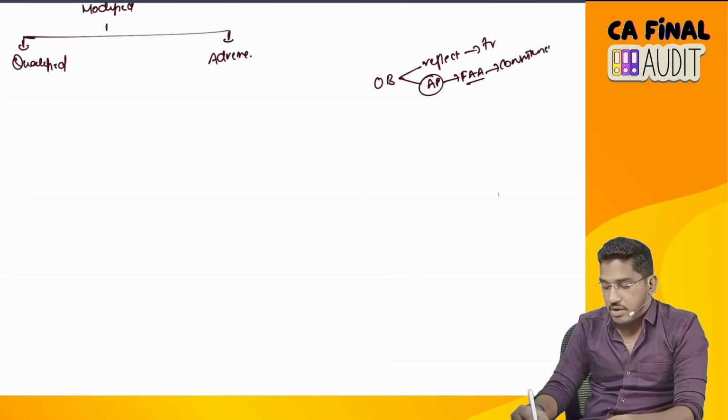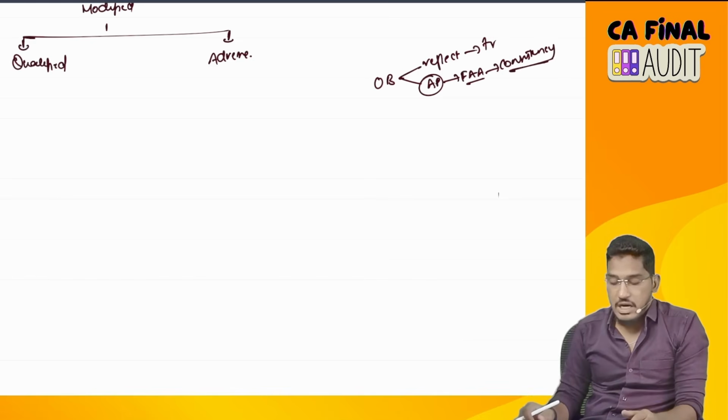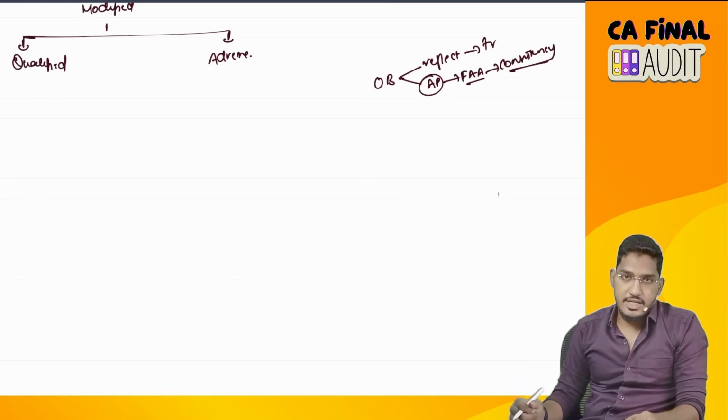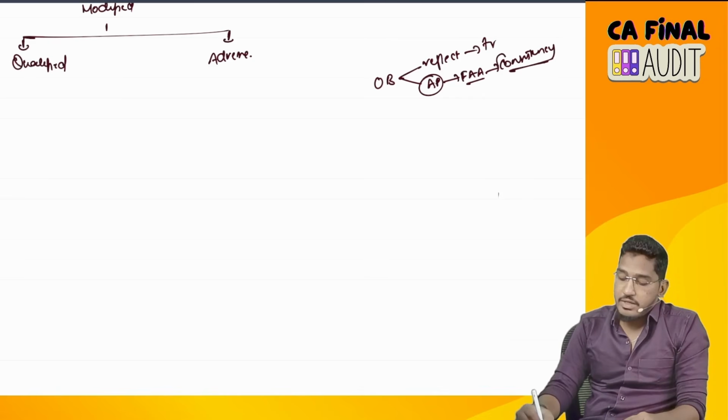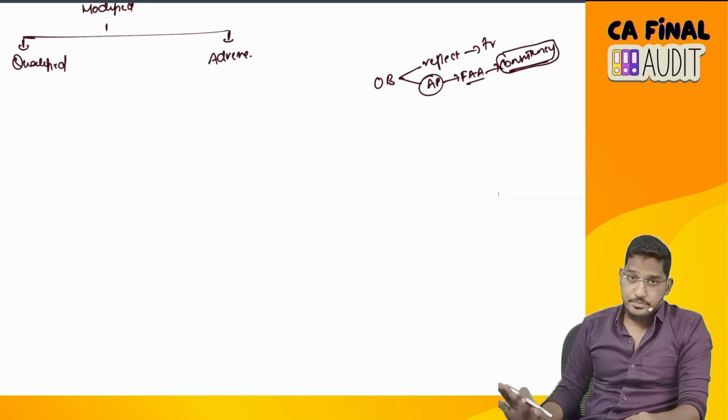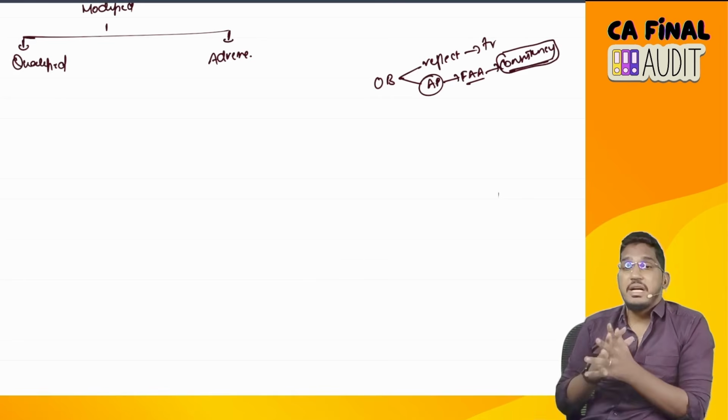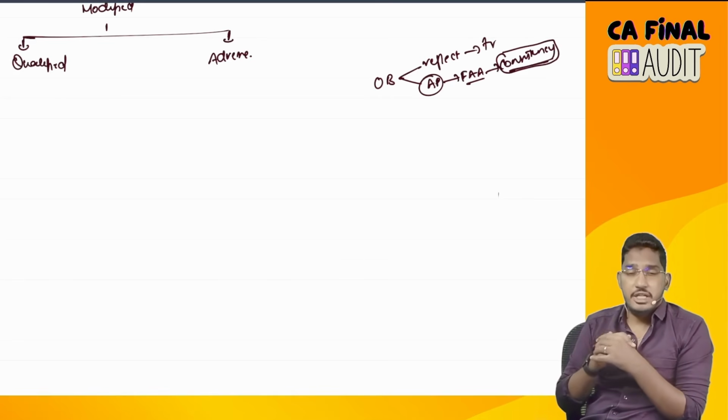So one of the fundamental accounting assumptions which is associated with the accounting policies is consistency. So I need to check whether accounting policies are consistently applied in the current financial year. While verifying opening balances, since I will get to know about what accounting policies were followed in the last year, it becomes necessary for me to obtain sufficient and appropriate audit evidence whether accounting policies are consistently applied.